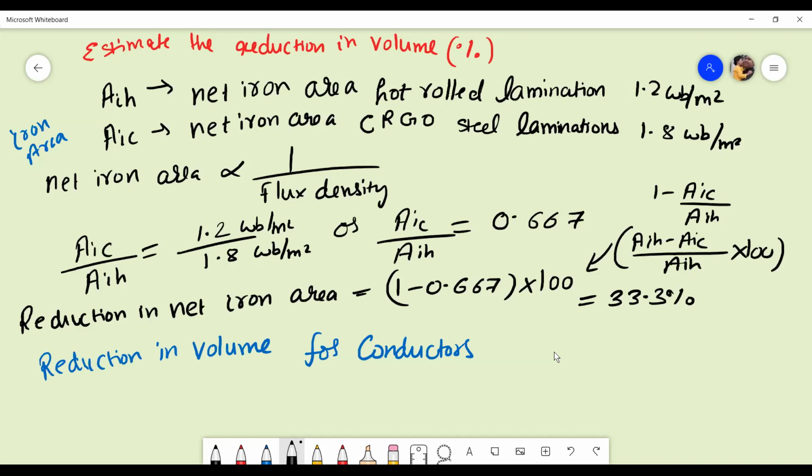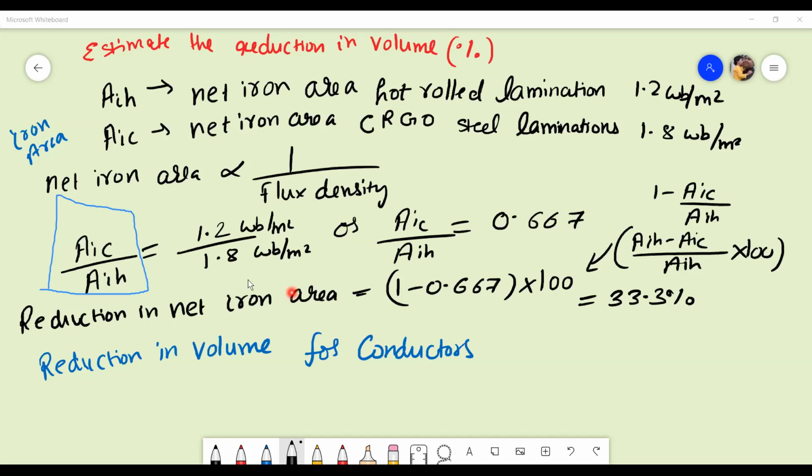Okay, but because they are inversely proportional, you can write AIC by AIH is equal to 1.2 by 1.8.